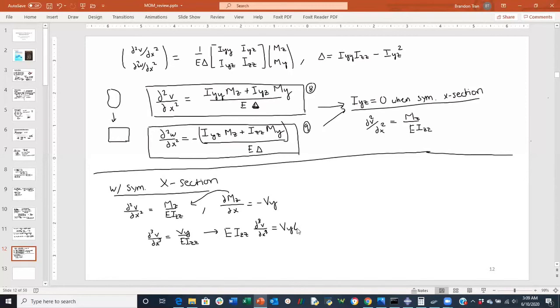Again, drop the subscripts and you have something familiar and consistent with mechanics of materials. You can also yield the following here, Izz. Oops, I meant to say Iyy.